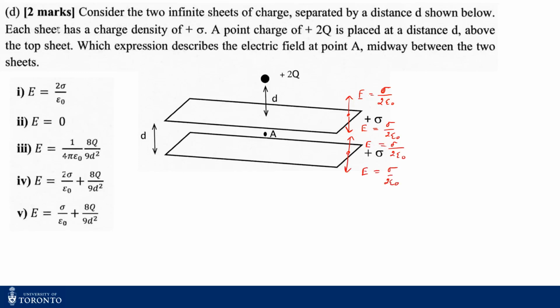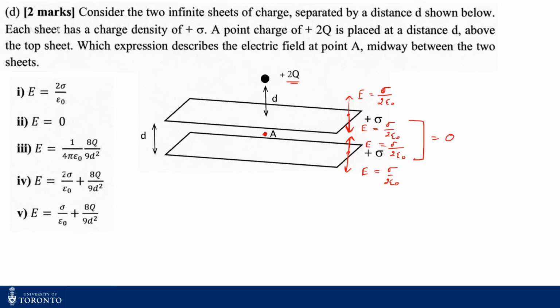Right, now if we consider the sheets of charge only, you see the upward electric field and the downward electric field at the center, which is at the point A, should cancel out. So the contribution of the sheets of charge should be equal to 0, right? But you have an additional plus 2 coulomb charge, right?